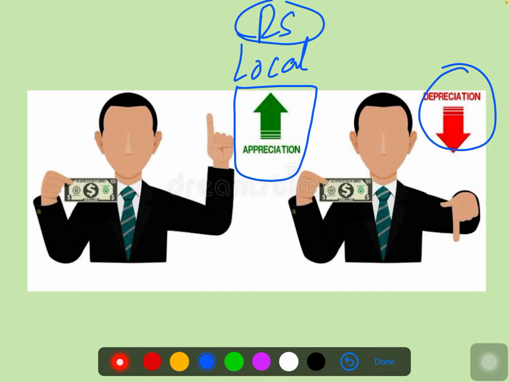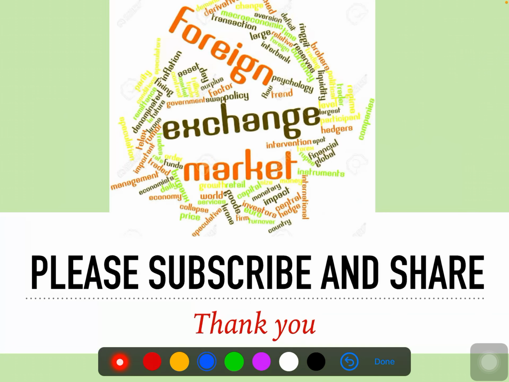The depreciation should be of some other country's currency, with whichever country you are exchanging currency. If that currency value depreciates, that is very good for us. So the other country's currency should depreciate and our country's currency should appreciate. If this happens, then definitely it is going to work for us.